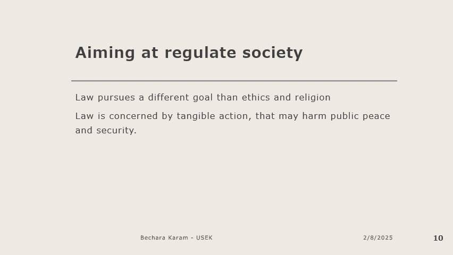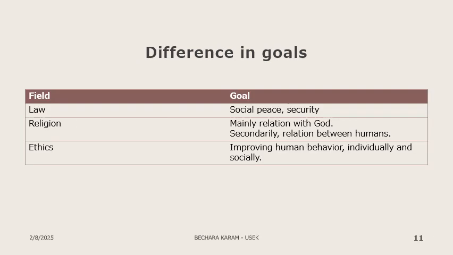The law cares only when my actions disturb societal peace and general security. So security, stability, and peace in society are the ultimate objectives of law, to regulate society. Also, you can pause the video and read the following table comparing the goals of law, religion, and ethics.